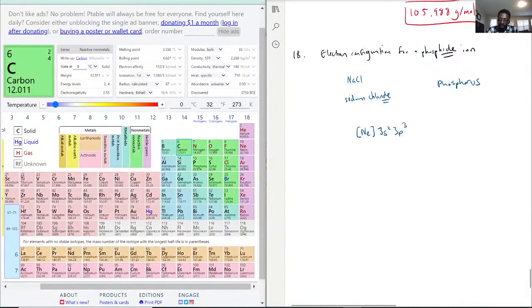Okay, now that means it's 3 away from becoming a noble gas. It could either lose 5 whole electrons or add those 3, which is where the ion comes into play.